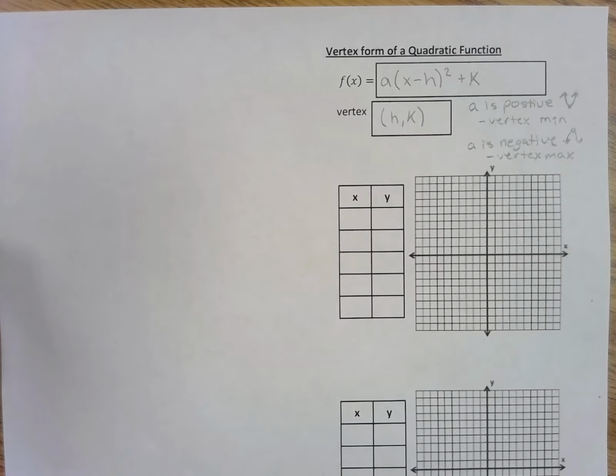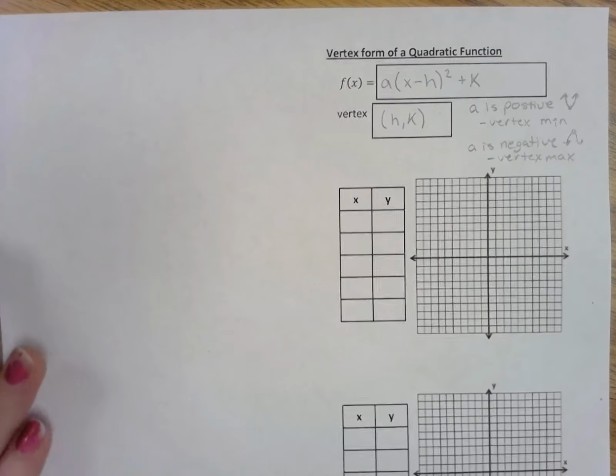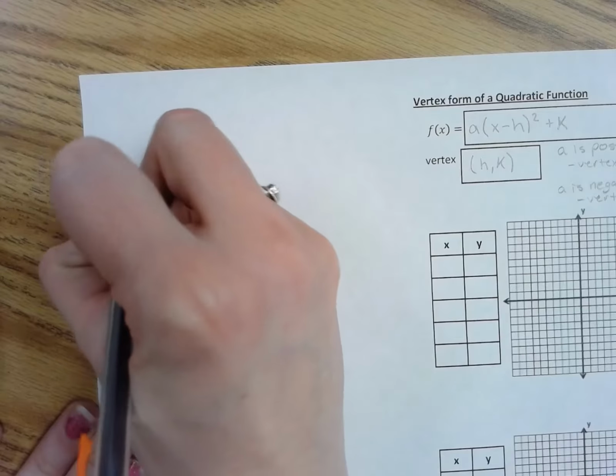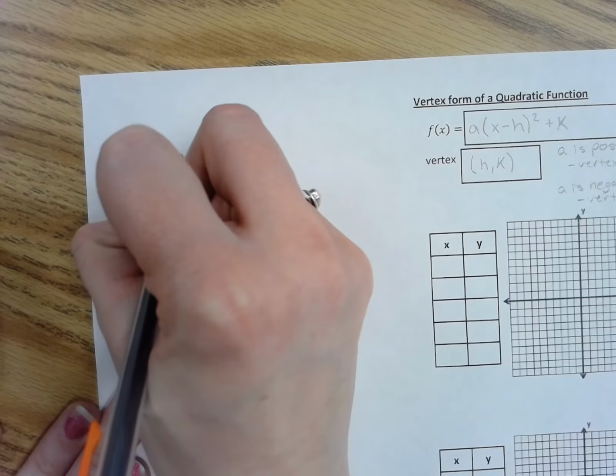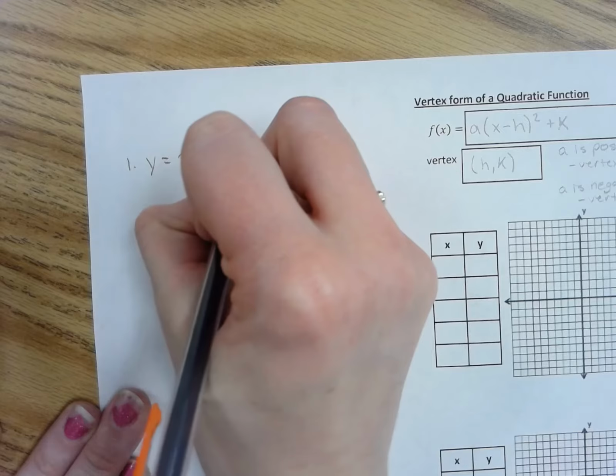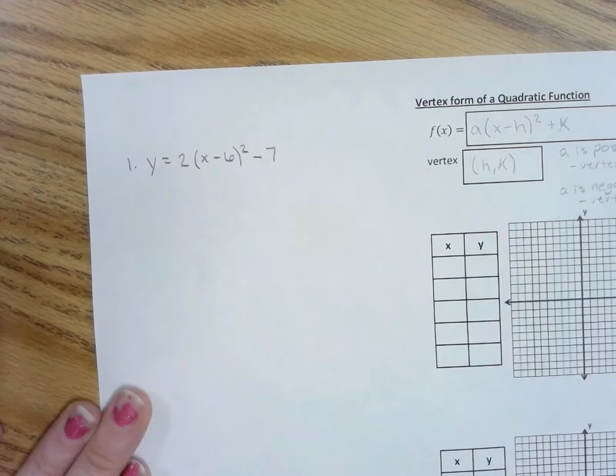So let's look at some equations in vertex form and identify the vertex and also determine the max or min. For our first example, we have y equals 2 times (x minus 6) squared, minus 7.